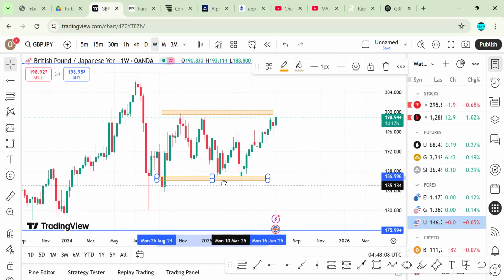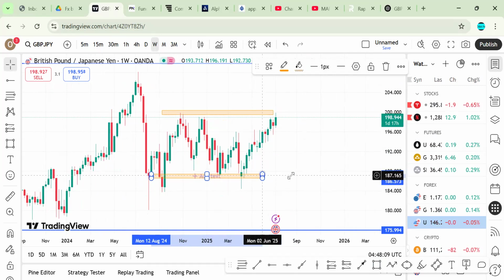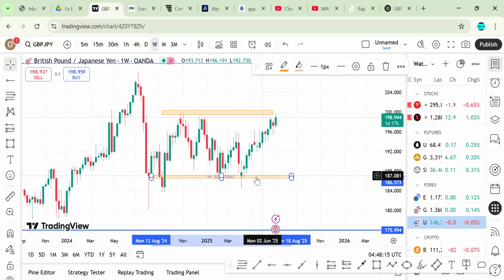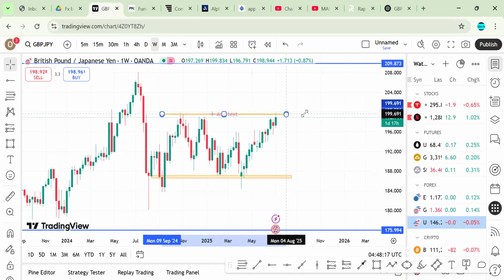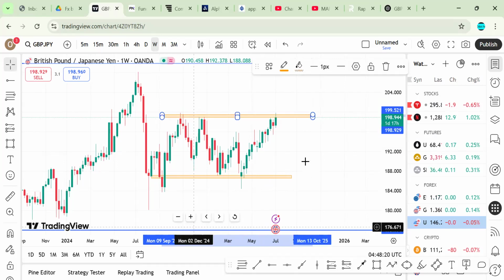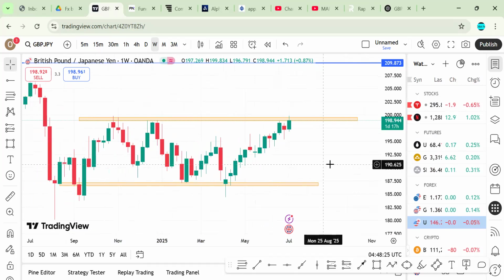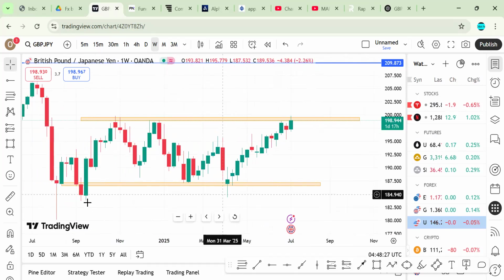Like we all know, a ranging market is a market moving horizontally between a support and a resistance. So this qualifies as a ranging market going by that simple definition.